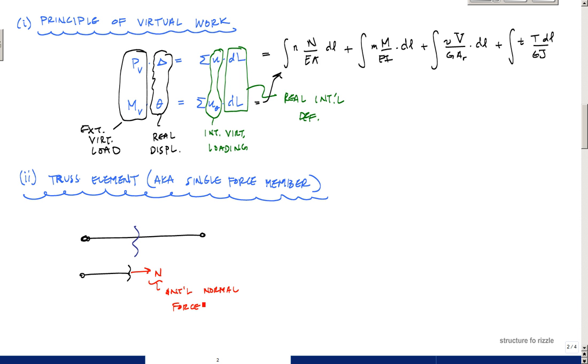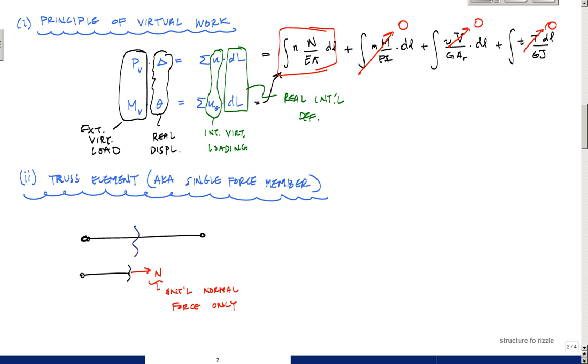So when that's the case, the moment term is zero, the shear is zero, the torsion is zero, and all I'm left with is this normal force relationship for the principle of virtual work.